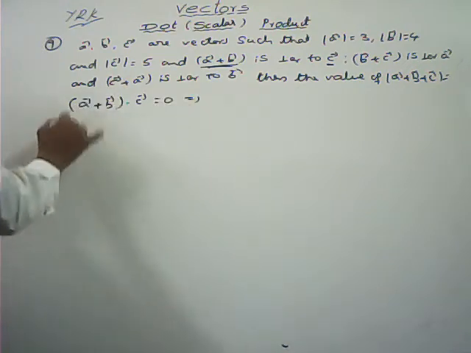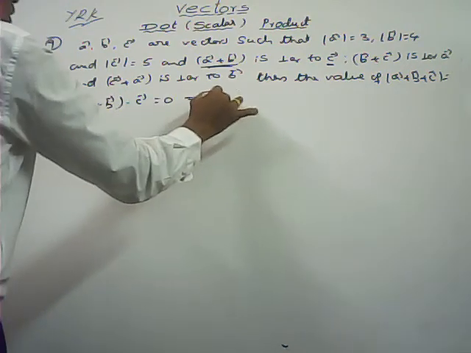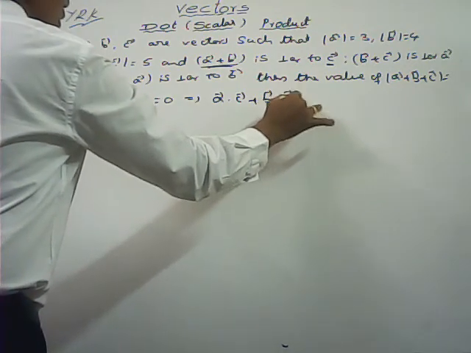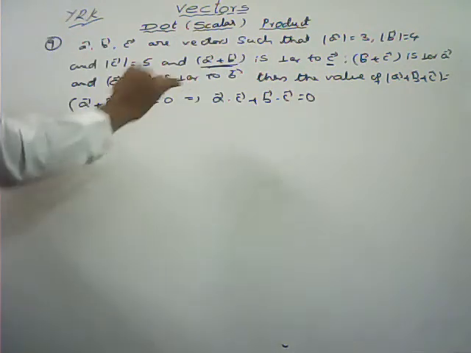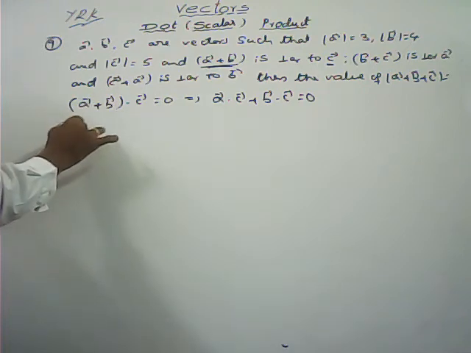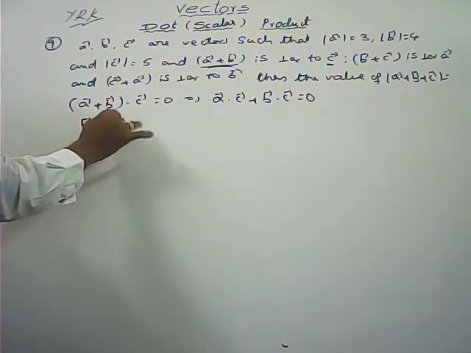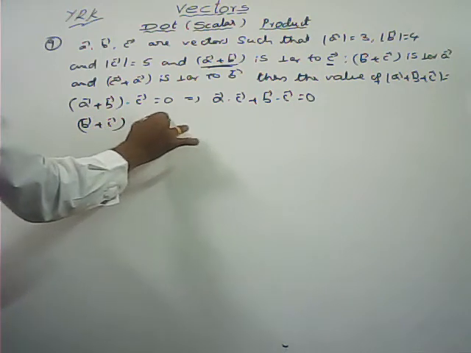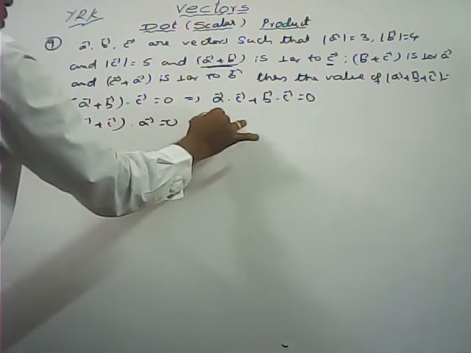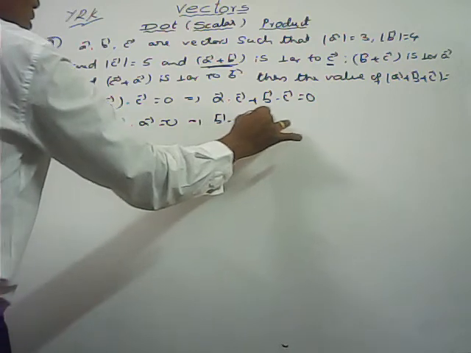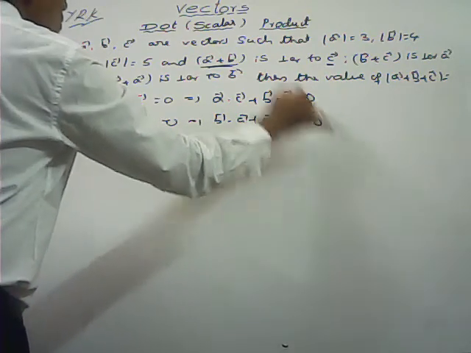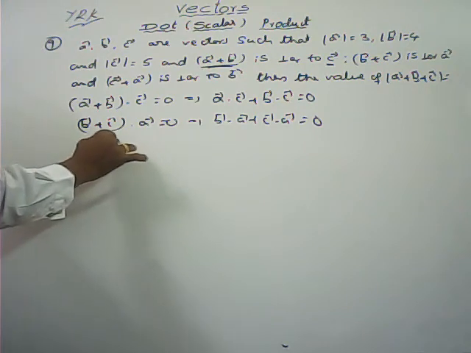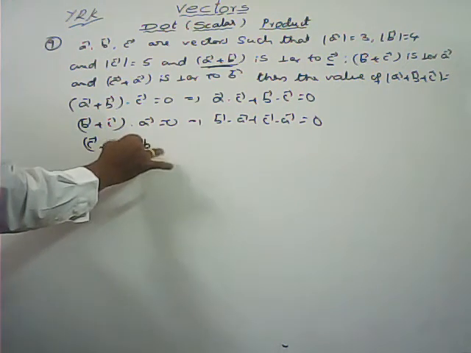That implies a bar dot c bar plus b bar dot c bar is equal to 0. In the same way, b bar plus c bar dot a bar is equal to 0, that implies b bar dot a bar plus c bar dot a bar is equal to 0. And c bar plus a bar dot b bar is equal to 0.